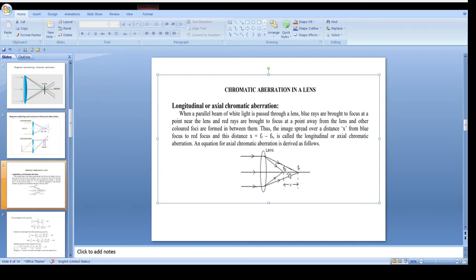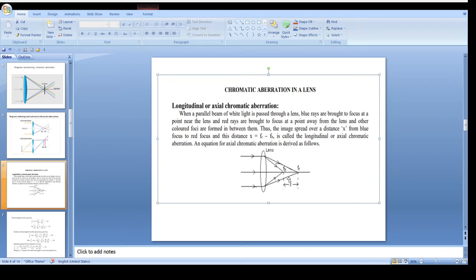Thus the image is spread over a distance from blue to red focus, and this distance is X. Fr minus Fb is called the longitudinal or axial chromatic aberration.